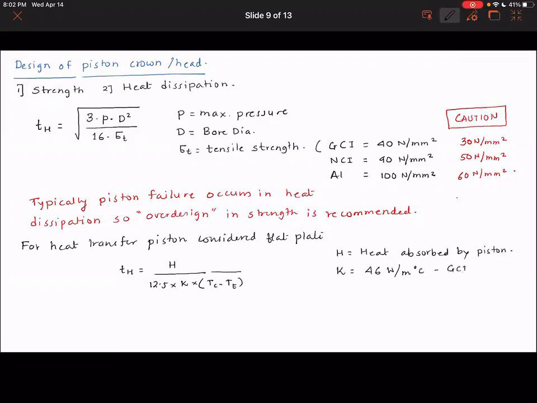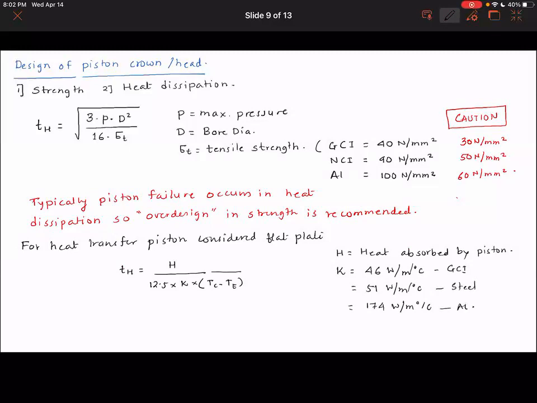For steel, it is 51 watts per meter degree Celsius. And for aluminum alloys, it's about 174 watts per meter degree Celsius.